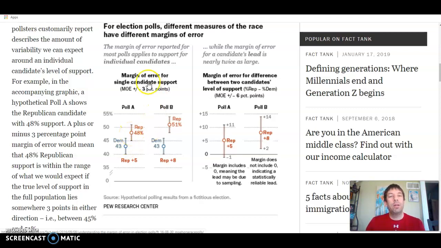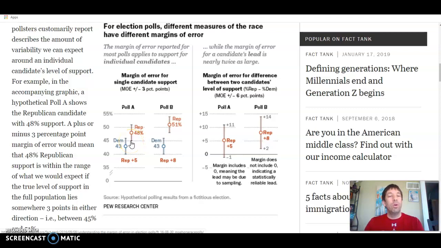Okay, but there's this margin of error of 3 percentage points. So that means that the Democrat, even though the results of the poll showed them at 43%, we would expect that maybe it's down at 40% or maybe it's up at 46%. We've got some uncertainty there. The Republican, meanwhile, if we go up 3%, takes them to 51%, and down 3% takes it to 45%.